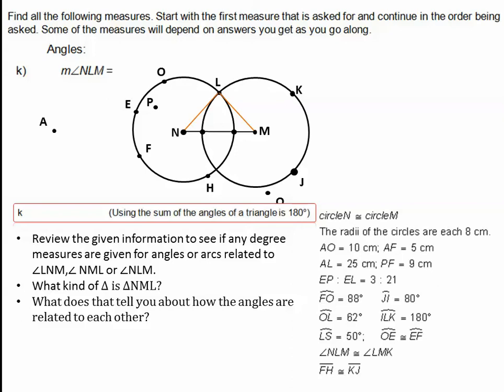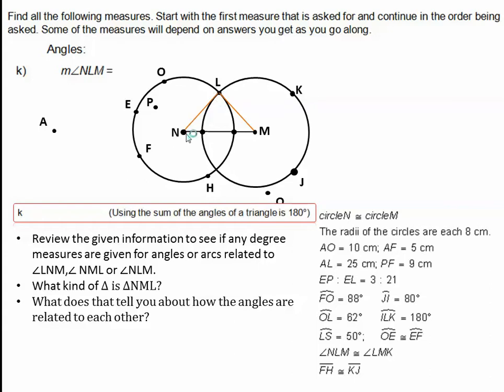Now for part K, you're using the sum of the angles of a triangle is 180 degrees. You've got to remember that to figure out what the measure of angle NLM is. So it says review the given information to see if any degree measures are given for the angles or arcs related to angle LNM, to angle NML, and to angle NLM.